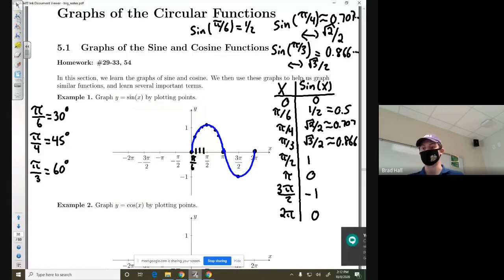But sine does go on forever in both directions. What we have drawn is one period, as it's called. It will repeat in this pattern in both directions forever.